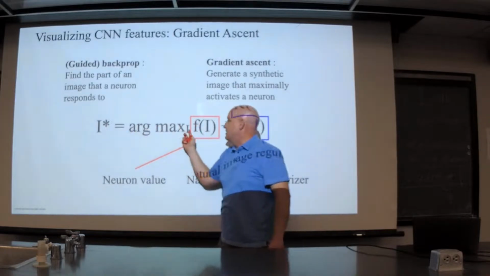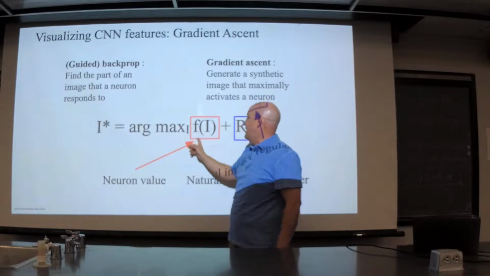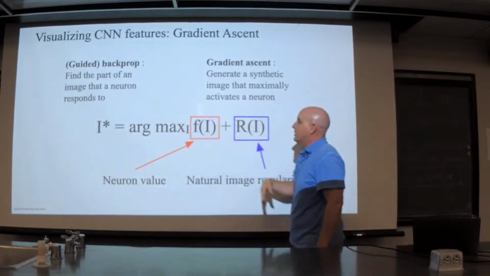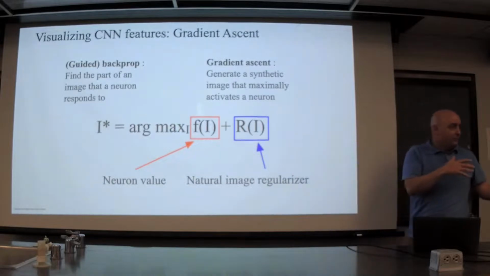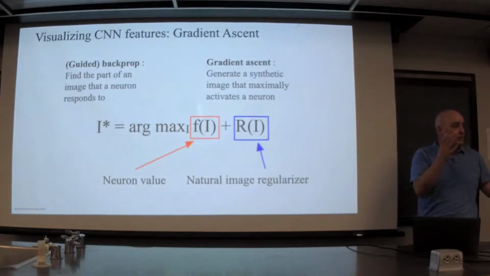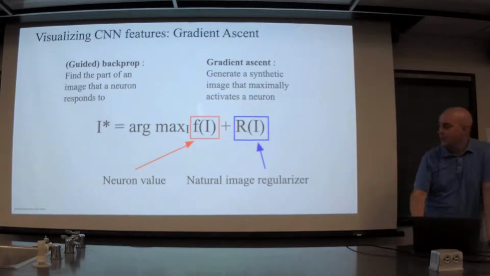This I is an image, so it's all the pixels. We want to pick the image that maximizes that score. And so how do we do that? Well, we start from some starting point, usually randomized or zero pixel values, and then we do gradient ascent steps to build up this image.